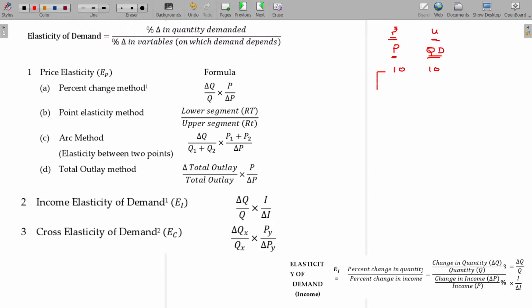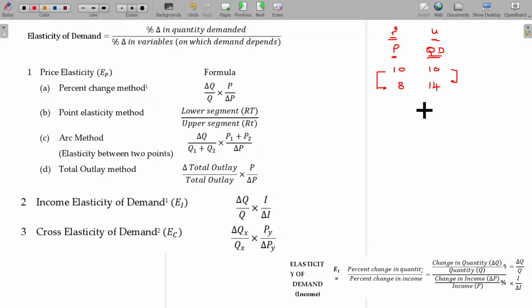If the price decreases from 10 to 8, quantity demanded increases from 10 units to probably 14. Price decreases, quantity demanded increases. Is that okay?